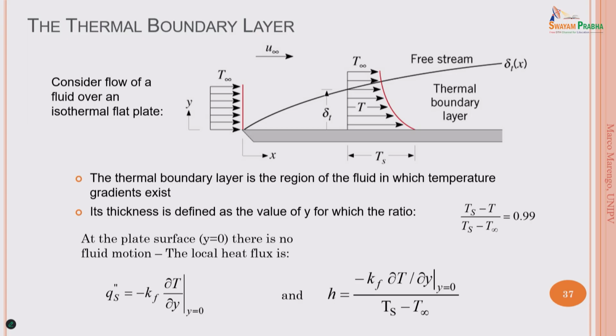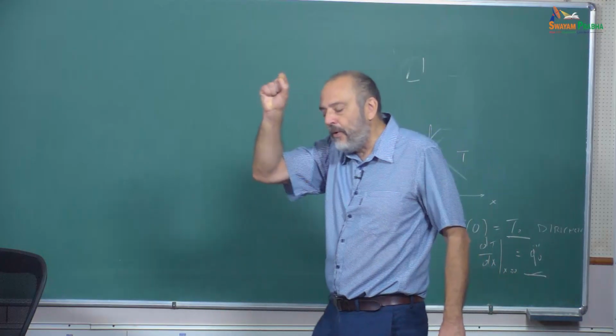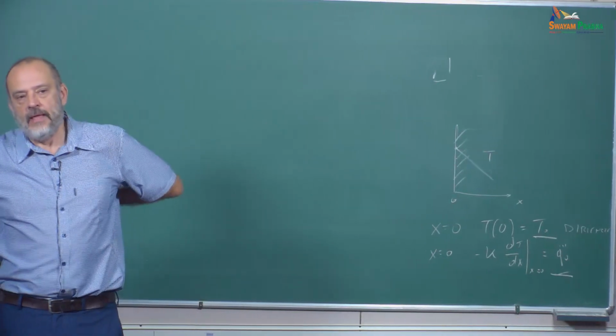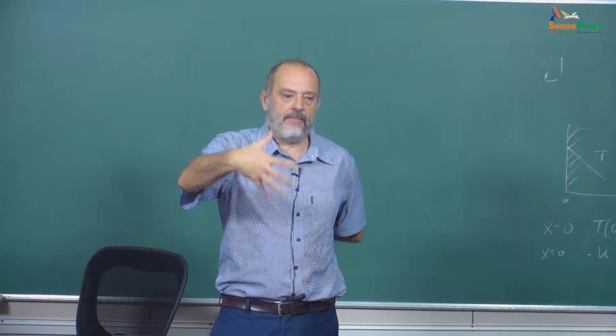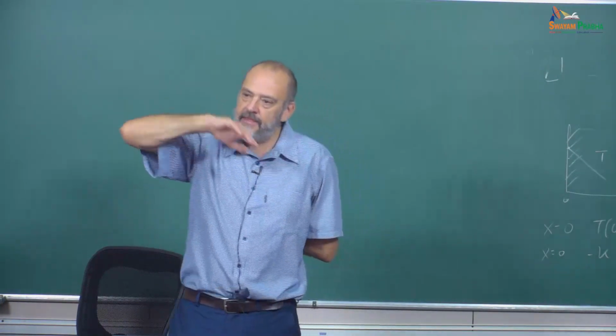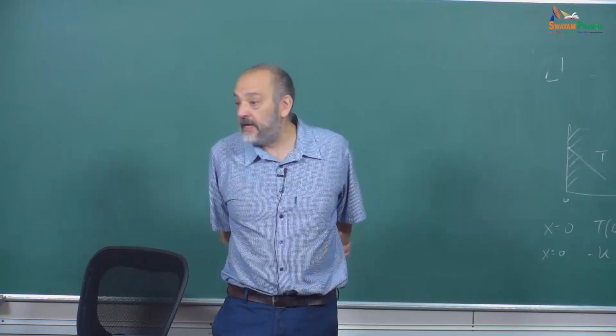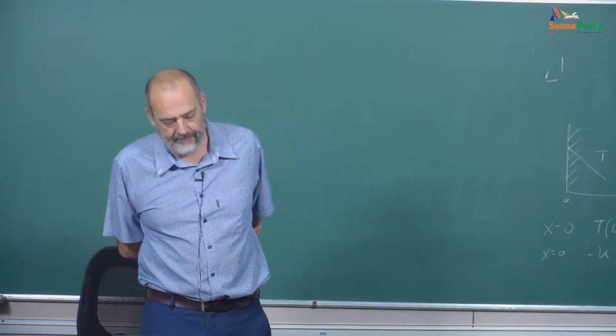Again, we are going to measure now not the velocity but the temperature, and we get the point where we have 99% of the difference of temperature between the wall and the fluid. Again, we can reconstruct these points and build a curve containing the thermal boundary layer. This means that under this curve, we cannot neglect the presence of the wall that has a different temperature.